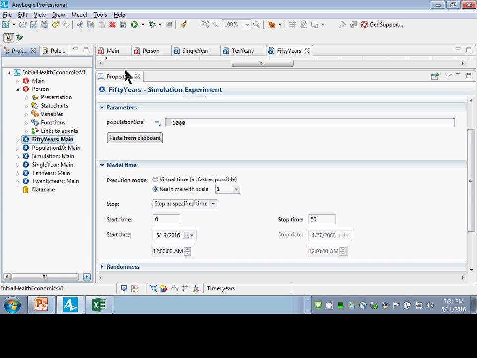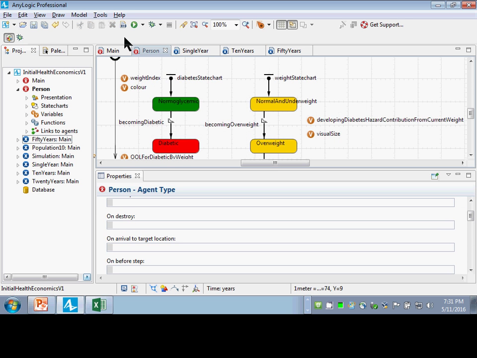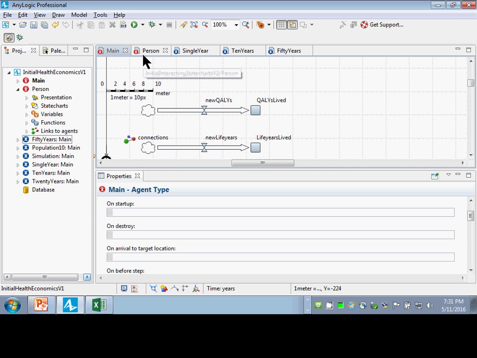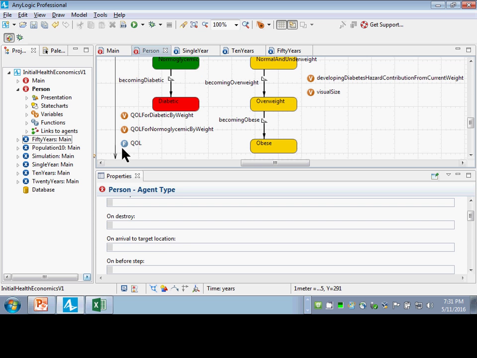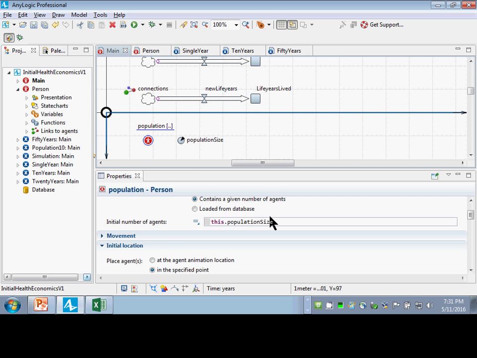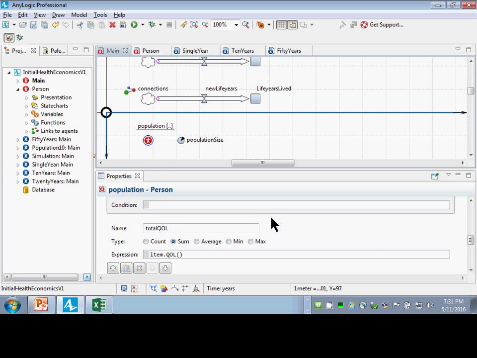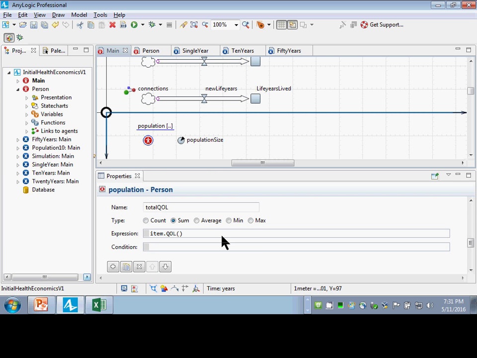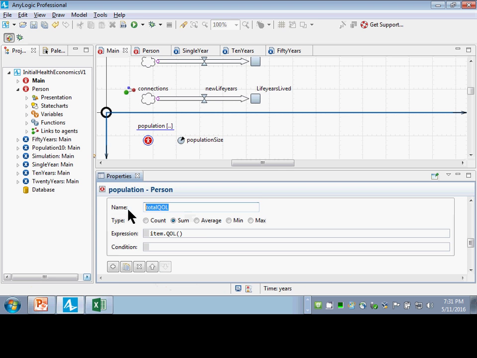So again, if half the population had 0.5 and half had 1, it will be a total QOL across the population of the population size times 0.75. And those are the number of new life years, and it's integrating those over time. It's summing them up over time, taking into account the fractions of the year involved for which they apply. And so that's going to go into quality adjusted life years lived.